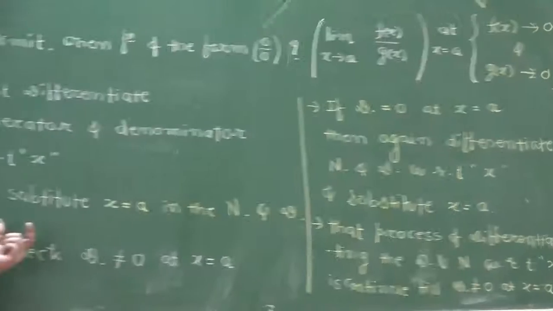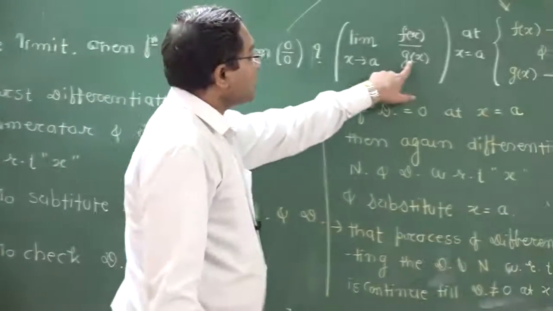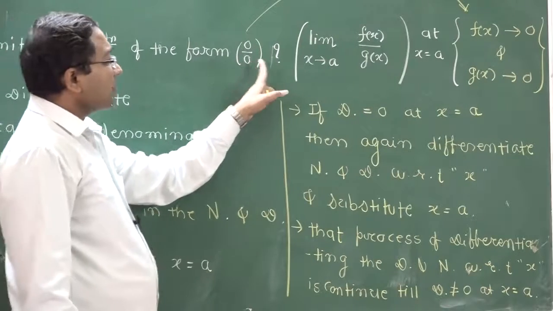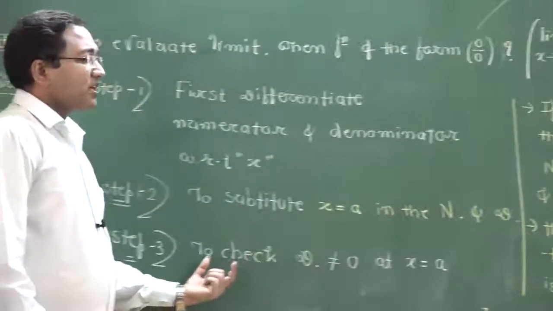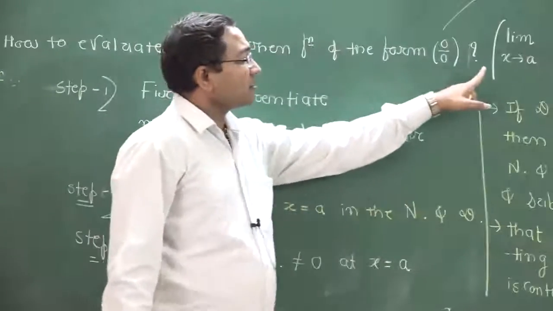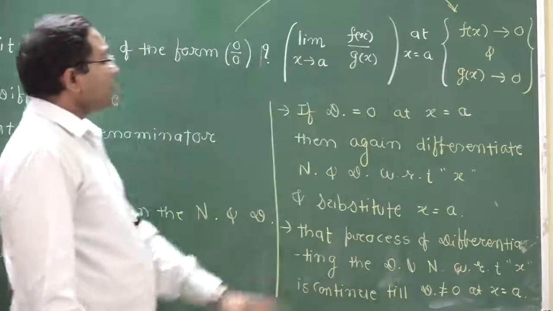So that is the procedure to find the finite limit when the given function has the form 0 upon 0 at the point x equal to a. According to that process, we evaluate the limit x tends to a of f of x upon g of x.